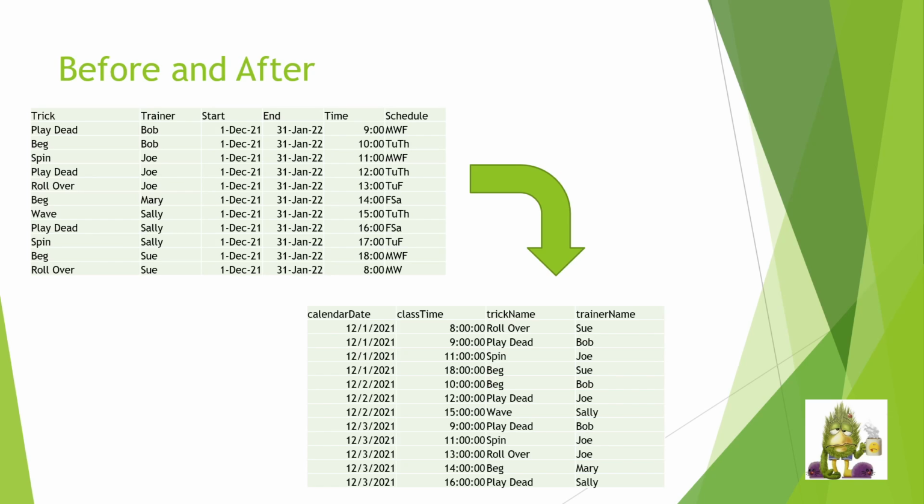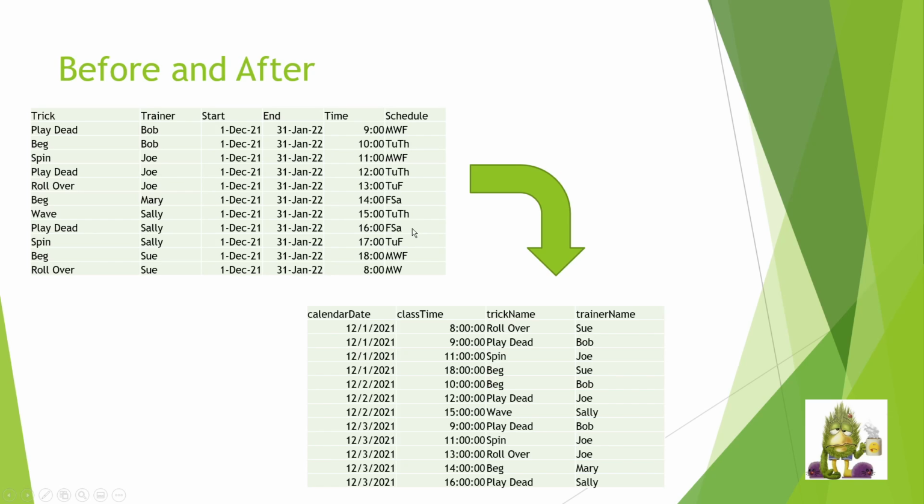And it looks like any other schedule that you have, and it happens to be the trick and the trainer, when that class is going to be available, the time of the day that it is, as well as the scheduling. And if you're used to any kind of classes, you have classes that are every day of the week. You have some that are Tuesday, Thursdays, Monday, Wednesday, Fridays. I threw in a Friday, Saturday in here just to switch it up a little bit.